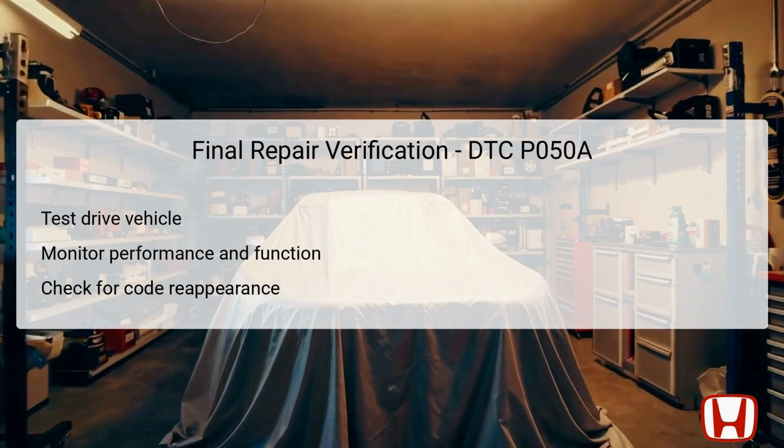Observe particularly for any signs of rough idling or starting difficulties that may indicate the persistence of the problem. It is also helpful to utilize the HDS to check for any reappearance of the DTC after repairs. Confirming that the issue has been adequately addressed ensures successful troubleshooting and promotes confidence in the vehicle's operational integrity moving forward.